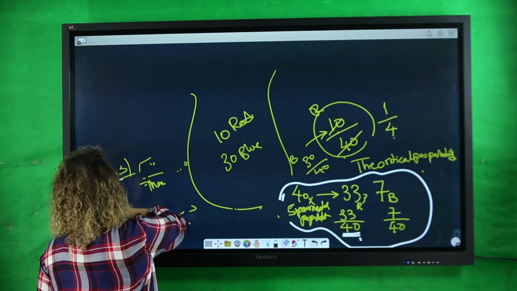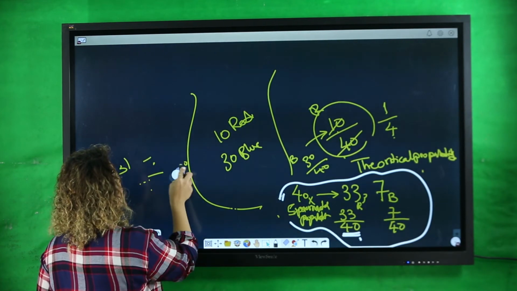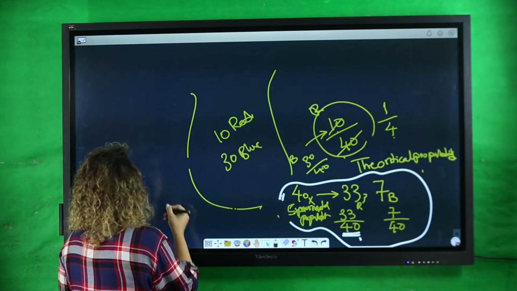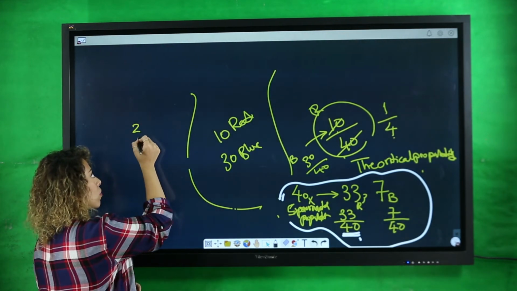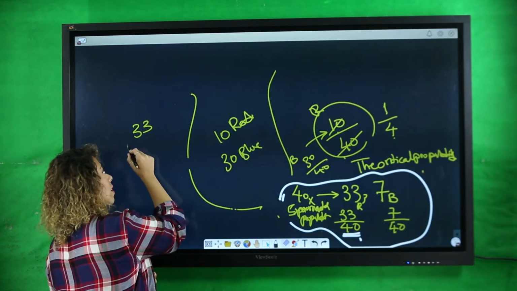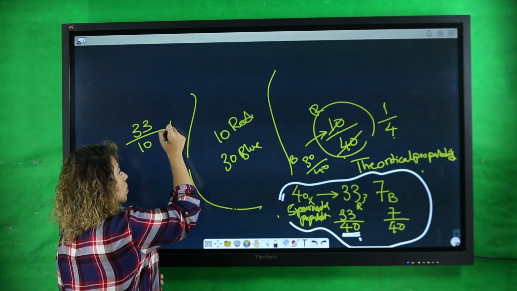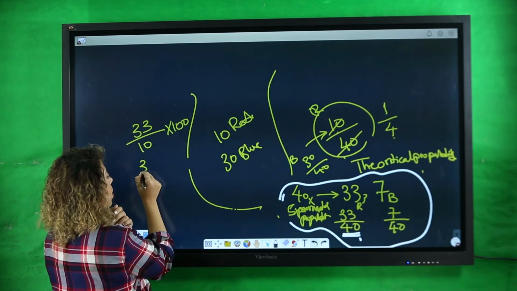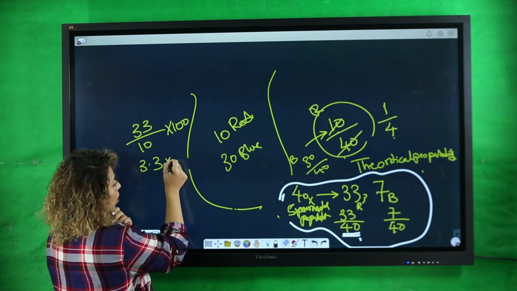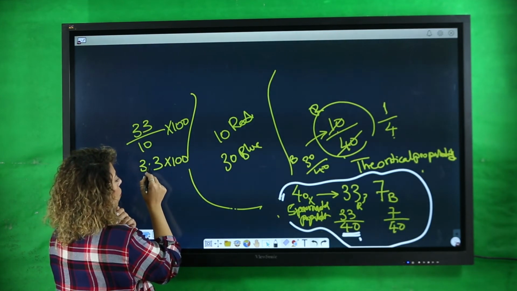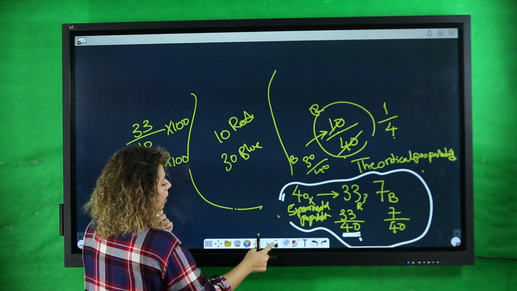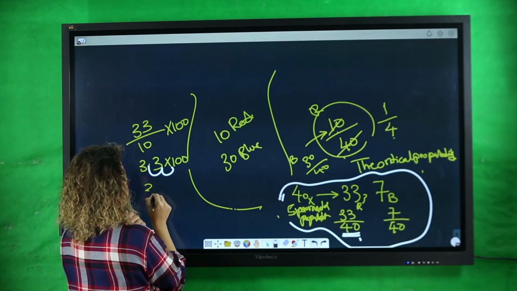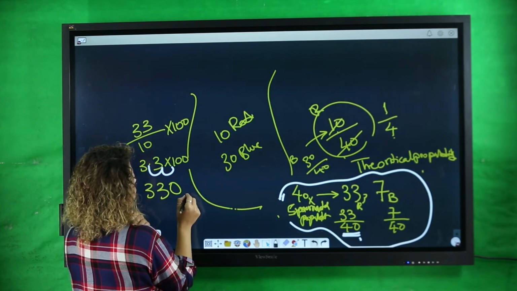How can we get the percent? We get the percent by dividing the experimental over the theoretical. What was my experimental probability? 33. What was my theoretical? 10, times 100. 33 divided by 10 is 3.3 times 100, which means I'm going to move the decimal twice to the right, so it's going to be 330.